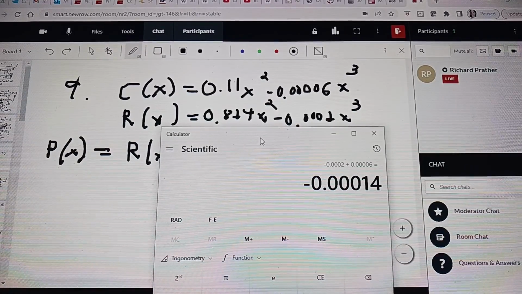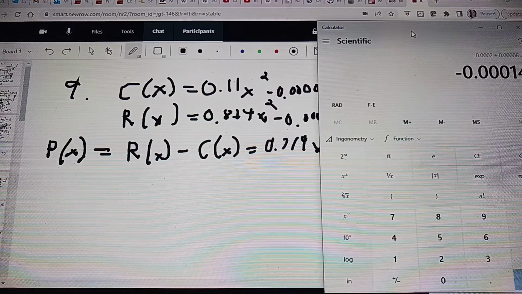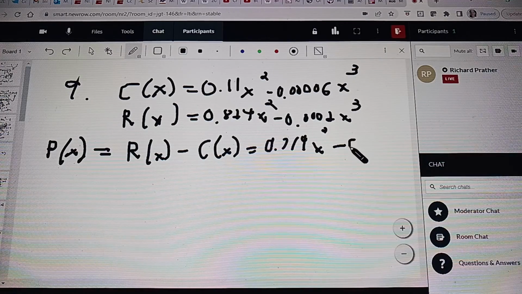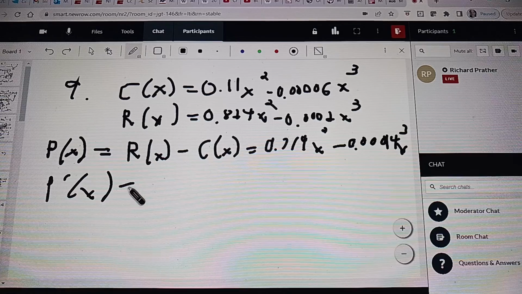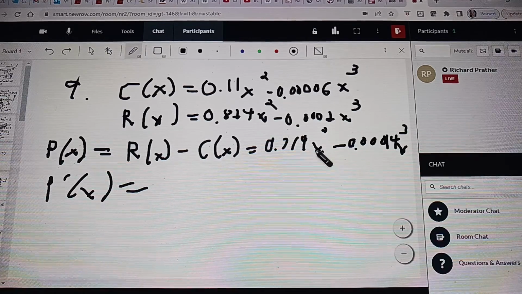So that is negative 0.00014. There's my profit function. The derivative of that, p prime of x, is just power rule, even though it's kind of messy with these decimals.